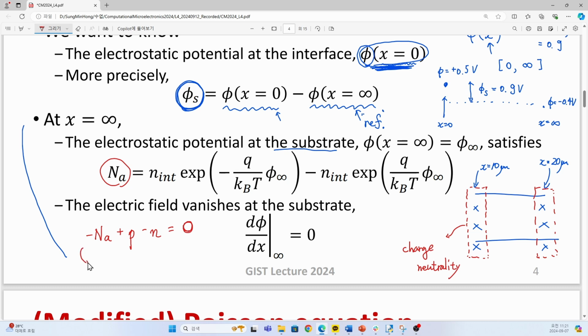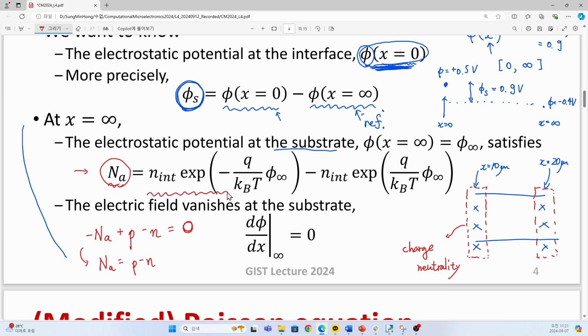So from this one, we can write it down in this way. Na should be balanced with p minus n. And that condition is just written here. Na is equal to what?